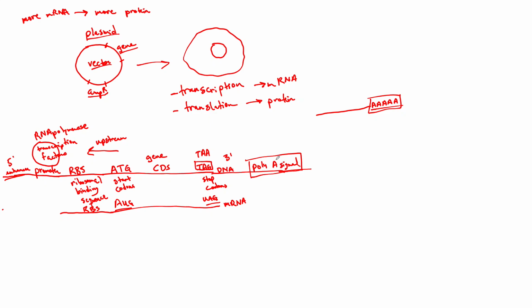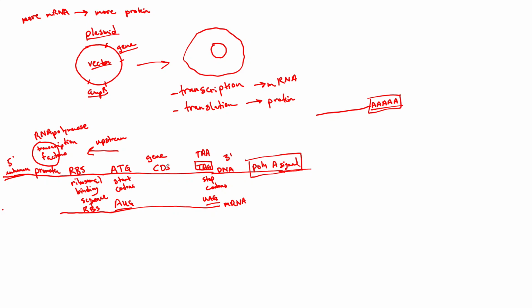But I want you to see that when we want to make a protein in a cell, there's lots of elements that need to be on the gene in addition to, beyond just the coding sequence, beyond just the codons of the gene. So what does that mean for us in cloning?